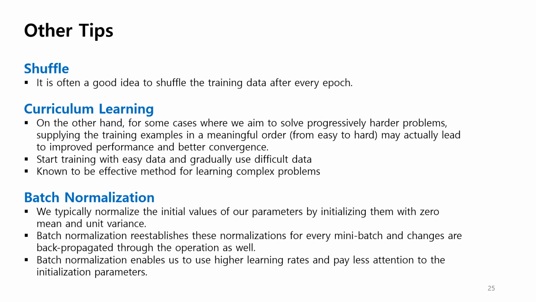So you select a mini batch, okay, and read the batch and calculate gradient and update parameters, okay, and then in batch normalization, you normalize the parameters, okay. So when the gradient update is done, you normalize them, okay, and start again. That's the basic idea of batch normalization, okay. So this actually kind of solves some problems of vanishing gradient. Okay, so this is known to be very effective when training deep learning as well.